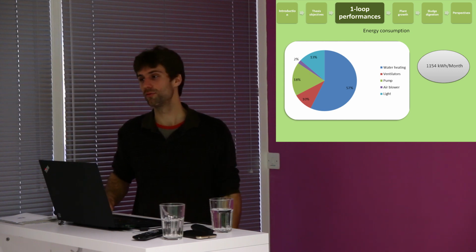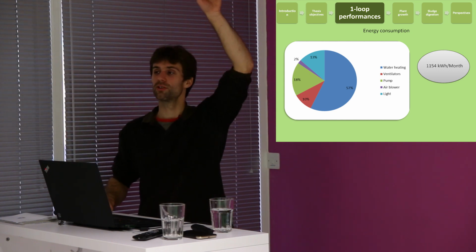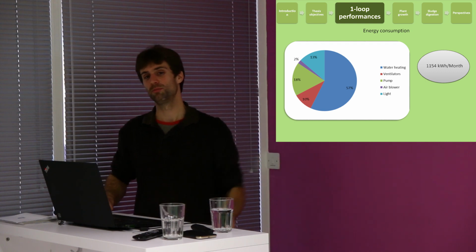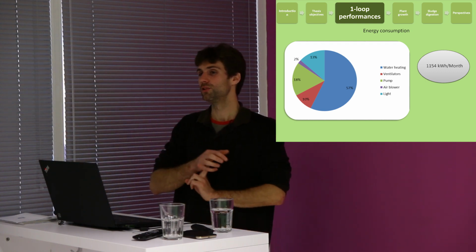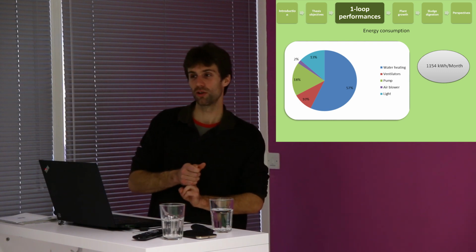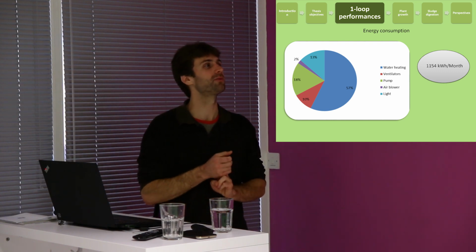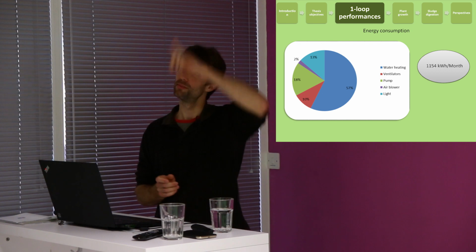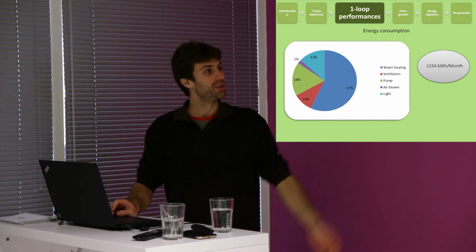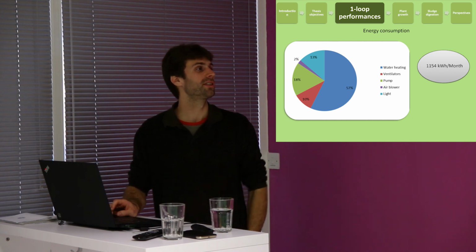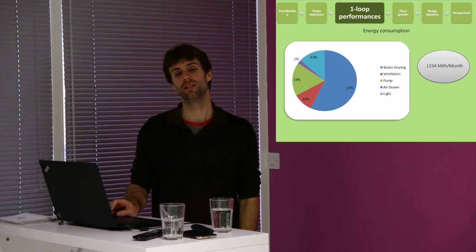The second big point is the pumping, of course, pumping water to the greenhouse and back. There are two points: using tropical fish in a cold climate, is it wise regarding energy consumption? And pumping the water up to the greenhouse, is it the best solution? We used this amount of energy per month, 1,000 kilowatt hours.